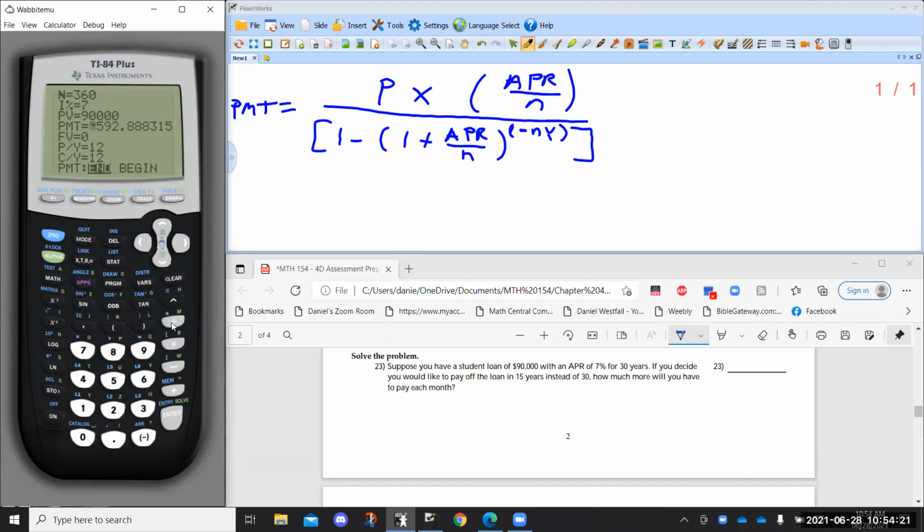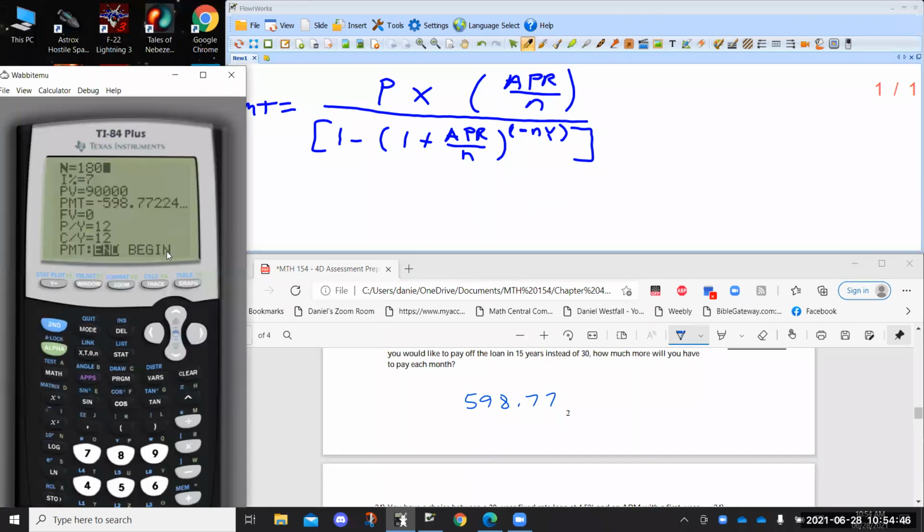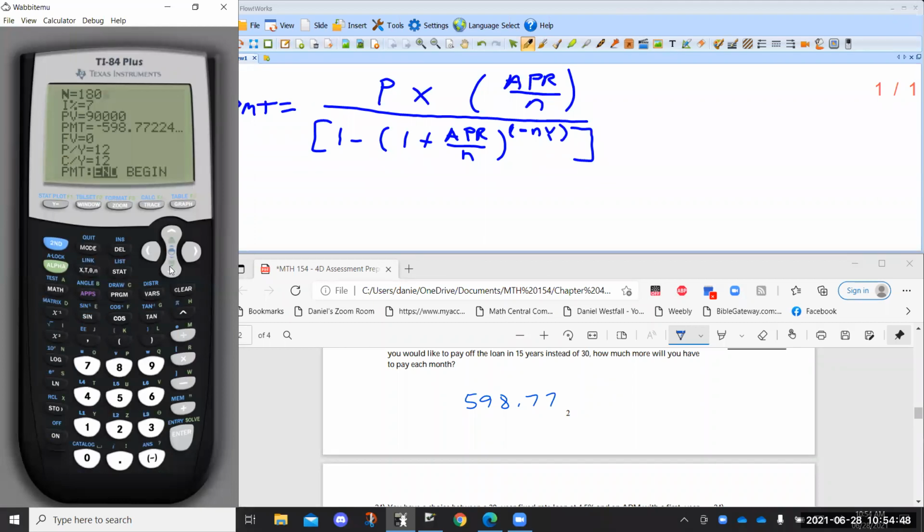So right now, that monthly payment is $598.77. If you decide instead that you want to pay this off in 15 years, in half the time, assuming that the interest rate doesn't change for that, the payment would change to be $808.95.